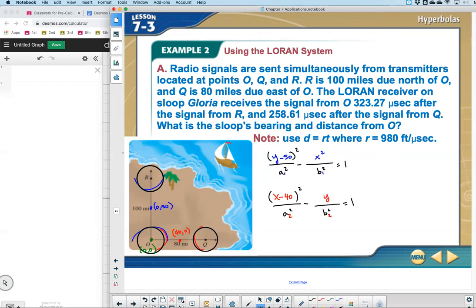Y is not shifted up or down. It's a value of 0 there for the k, so it'd be y squared. So there's the general form of these two formulas. And what we could also state is the c values. The c for the blue here is the distance from the center to the foci. That's a foci there. So c, I'll call it c1, is going to equal 50 miles.